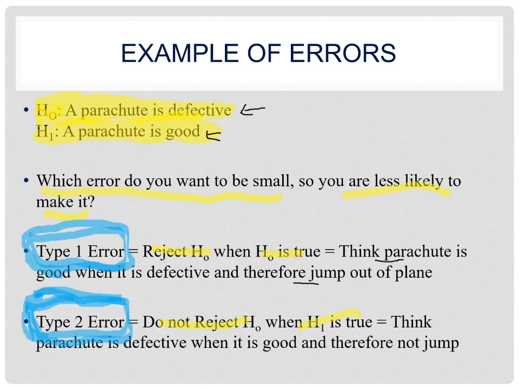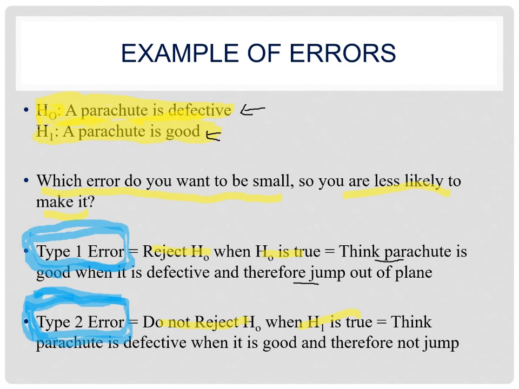When it comes to choosing your alpha, you want to reduce your alpha as much as you can if the consequences of making a mistake are really bad, then you know what? Yeah, let's reduce the error as much as possible. But if the chances of making a type 2 error are really bad, you might be willing to say, okay, well, let's increase alpha a little bit to maybe 10% in order to make sure the type 2 error isn't as bad.